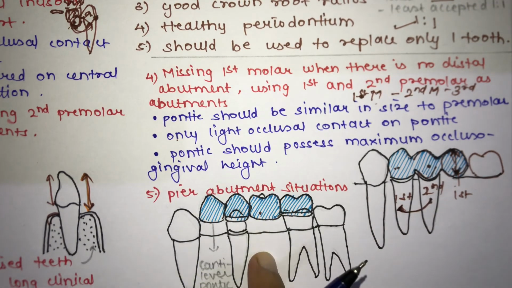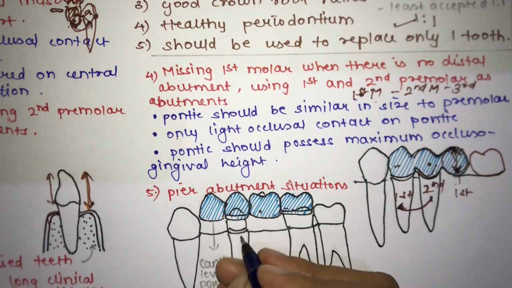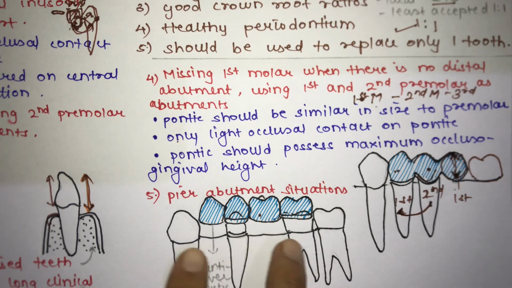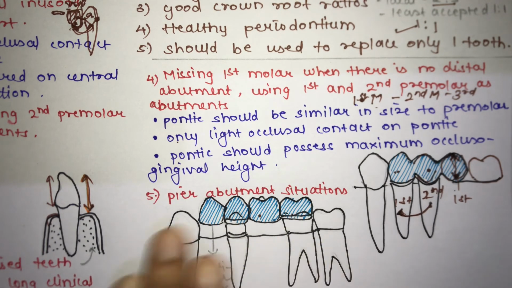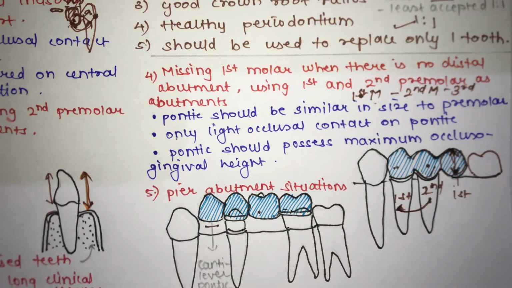And the last indication is the pier abutment situation. So what is a pier abutment situation? This is when your abutment is present and there are edentulous spaces on either side of this abutment. So this becomes your pier abutment. Now this is the edentulous space which is present, and this is the edentulous space which is present.